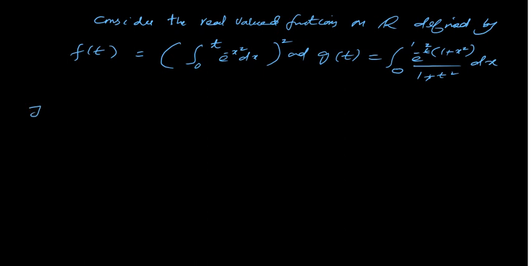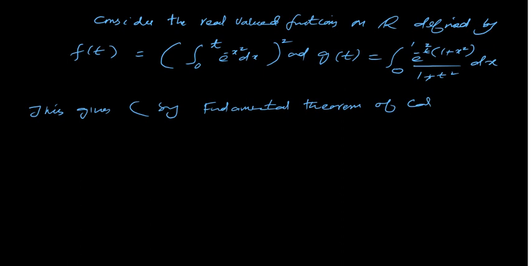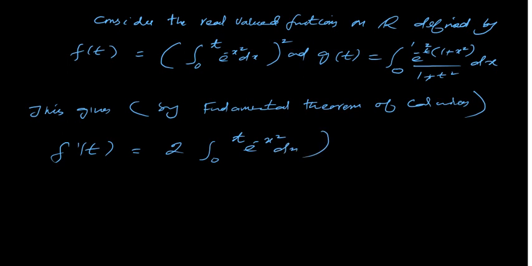So by the fundamental theorem of calculus, f dash t is equal to twice the integral 0 to t of e power minus x square dx, and then we have the differentiation of the integral function, where we apply the fundamental theorem of calculus.